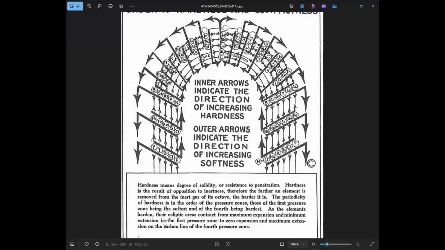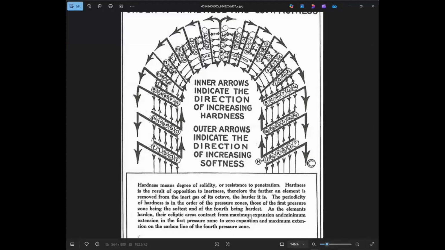As the elements harden, their ecliptic areas contract from maximum expansion and minimum extension in the first pressure zone. Okay, we haven't learned about the ecliptic, so actually I don't even want to go into it, because that's not going to make any sense to anybody at this point. Once we learn about ecliptic and ecliptic expansion, I'll come back to this because it'll make sense to you guys.